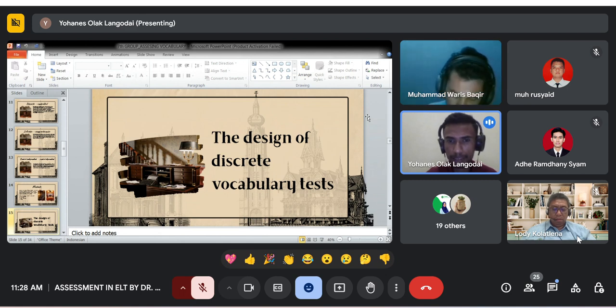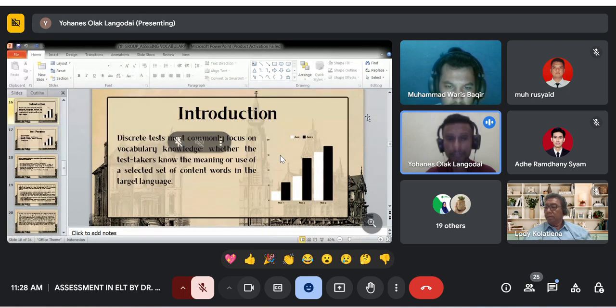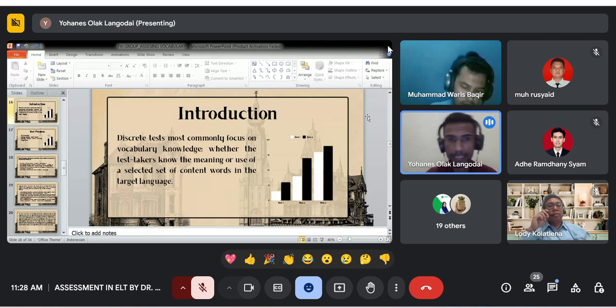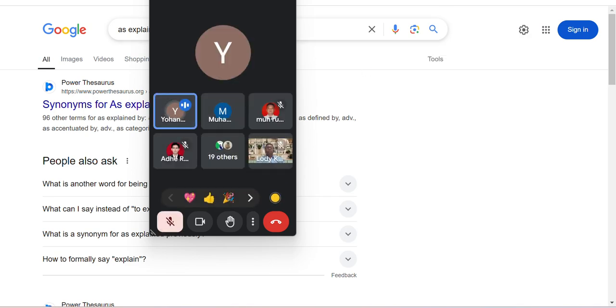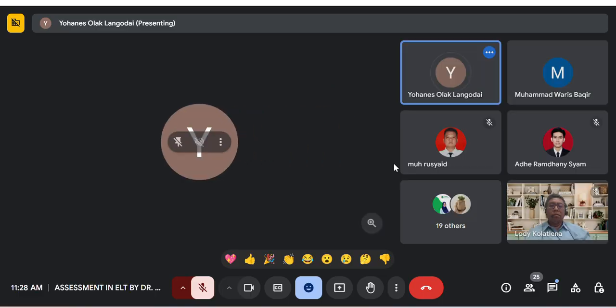Now my part, I will try to explain about the design of discrete vocabulary tests. The first is the introduction. Discrete tests most commonly focus on vocabulary knowledge, whether the test taker knows the meaning or use of a selected set of content words in the target language.